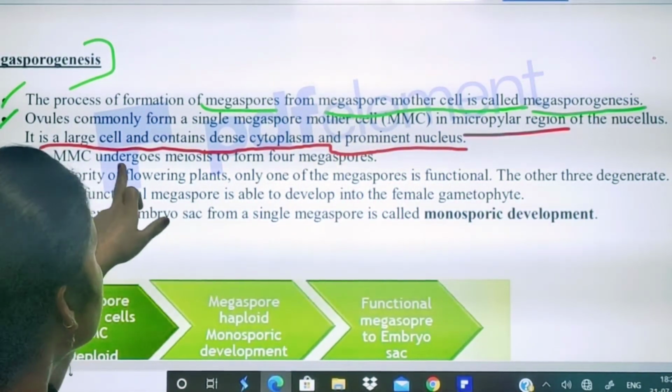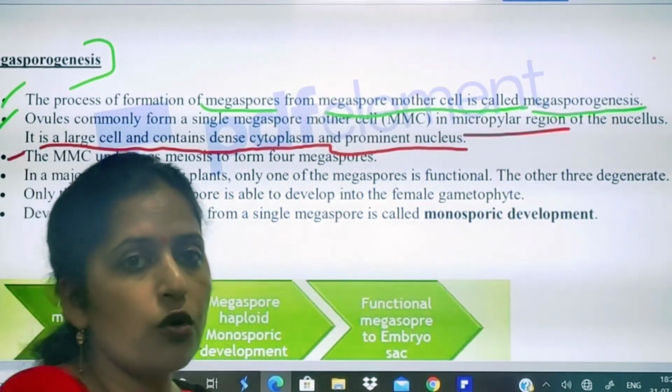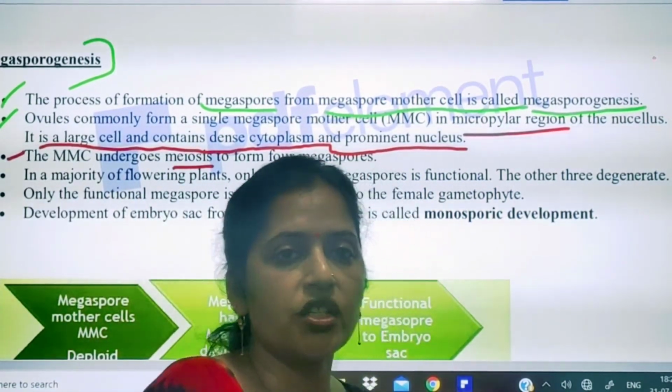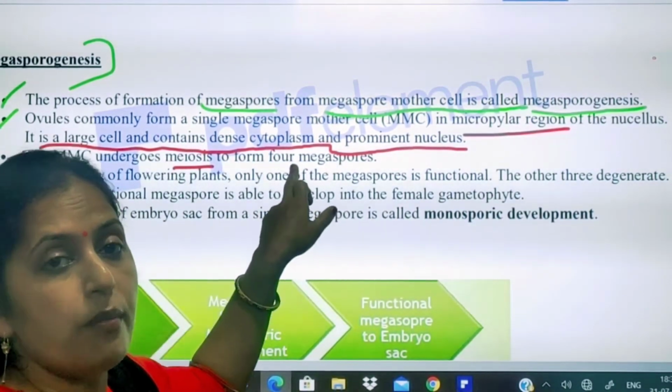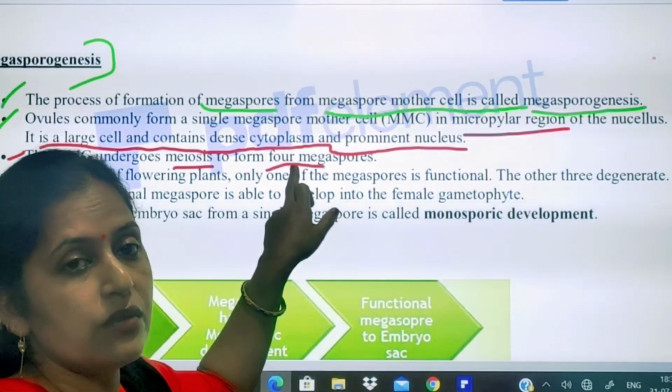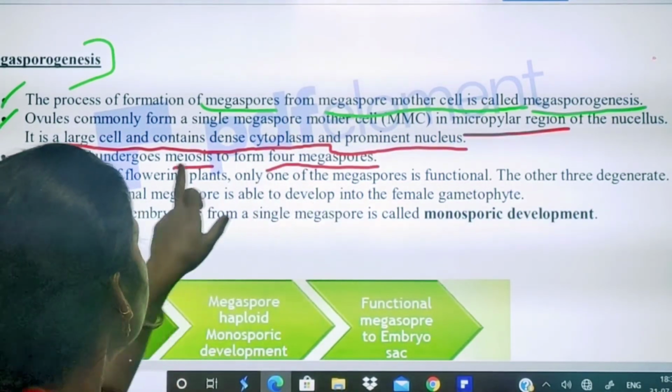The megaspore mother cell undergoes meiosis, and after that it forms 4 megaspores. That means they divide meiotically.